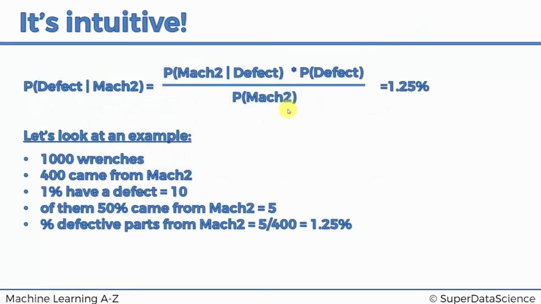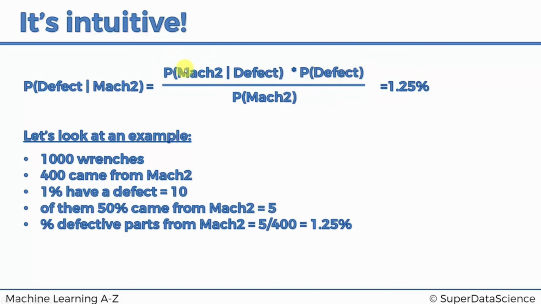So if you think about it, that's exactly what we are doing. So we're dividing the total number of, so this is the total number of wrenches that came from machine 2. At the top, if you multiply it by the 1,000, at the top we've got the number of machine 2, so defective, the probability of a part coming from machine 2 given that it's defective times the probability of it being defective. So at the top, as you remember, we got that 5.